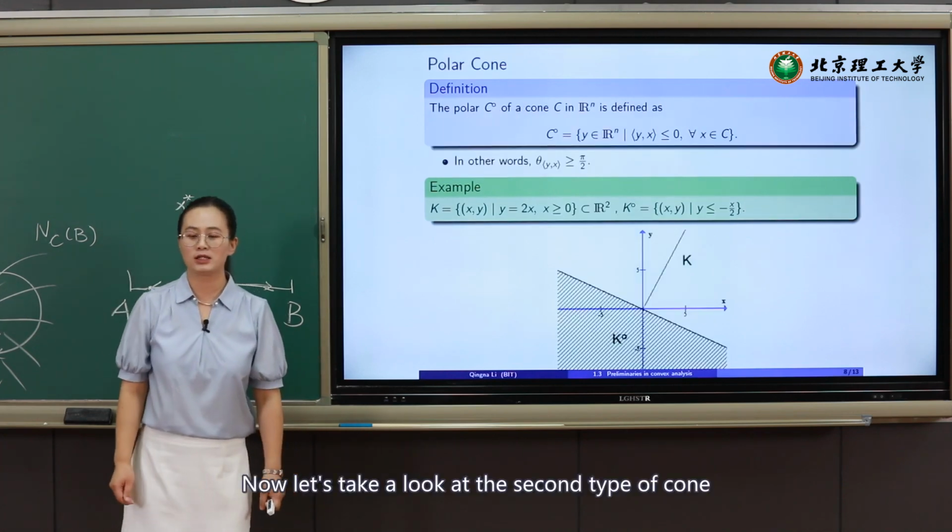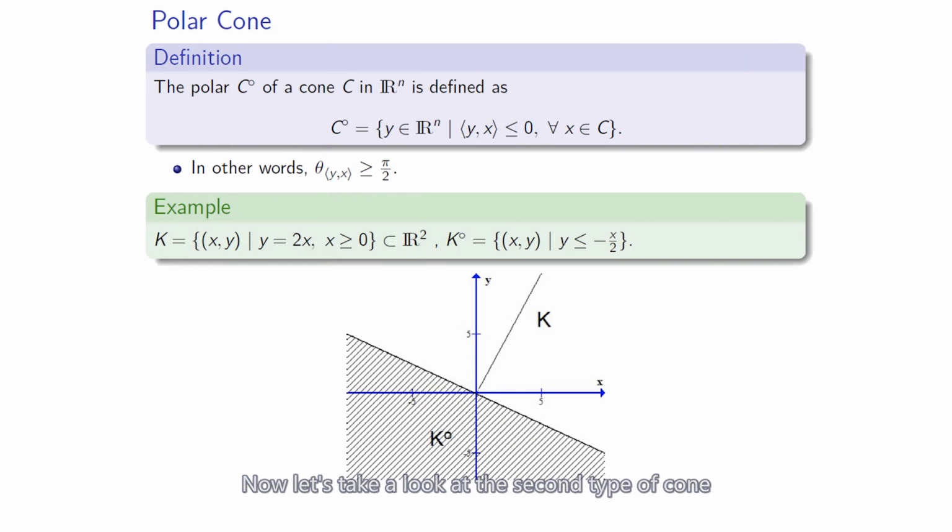Now, let's take a look at the second type of cone called the polar cone. The polar cone is defined as a simpler case than the normal cone. Let's take a look at the condition here.